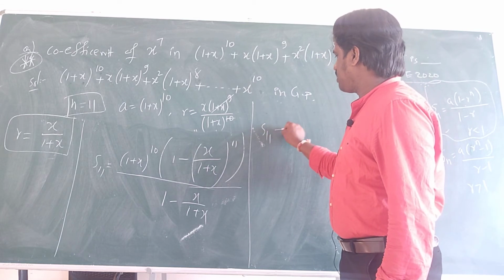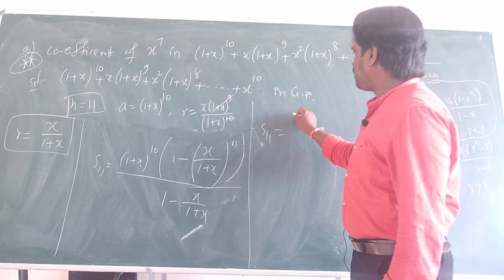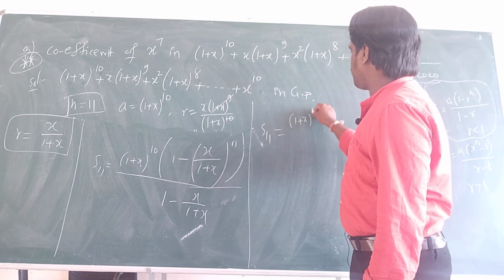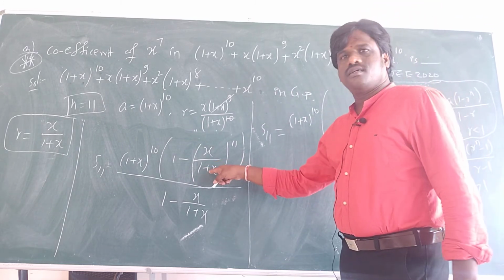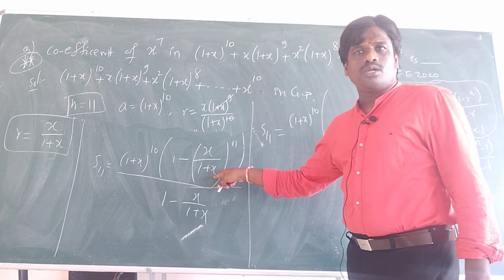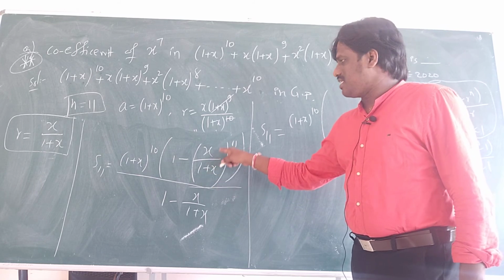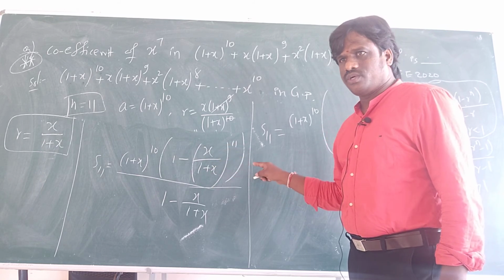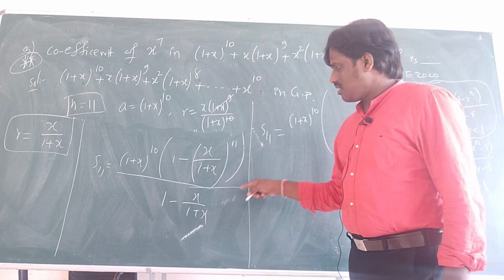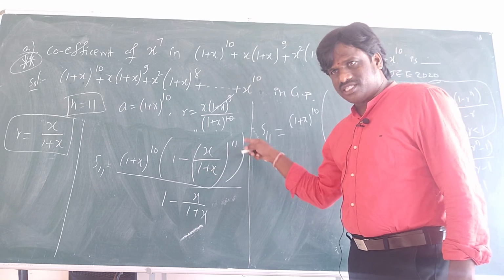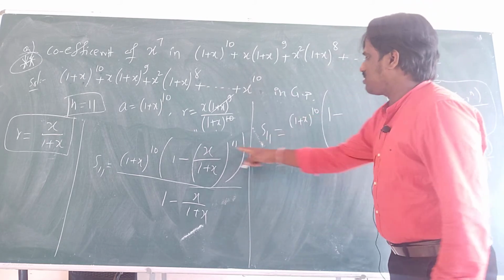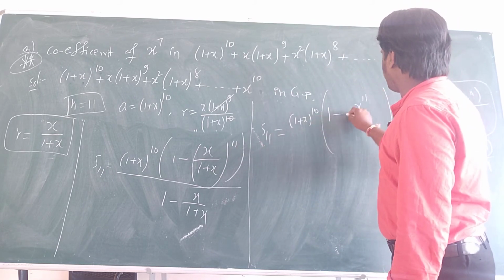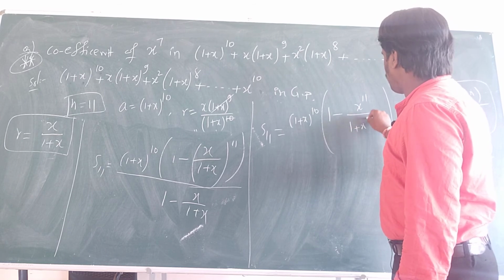Looking only at (1 plus x) whole power 10 here, tell me what I get: (1 plus x) whole power 11. Can I do it in steps? 1 minus this I can write as x power 11 by (1 plus x) whole power 11.